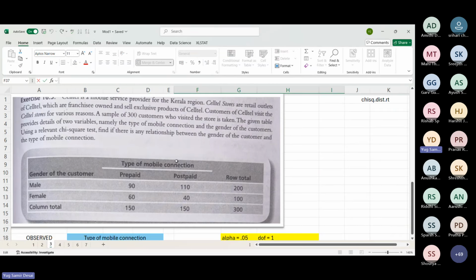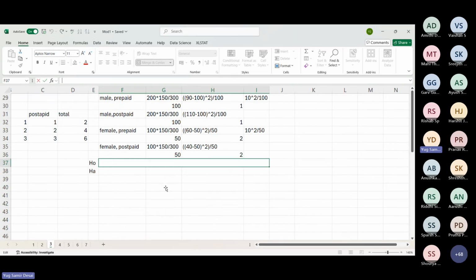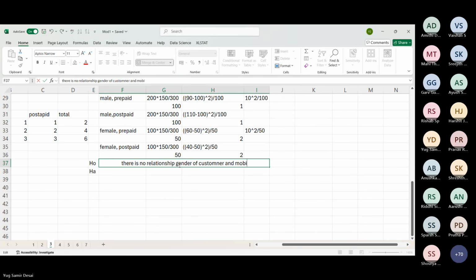So for this, we were testing if there is any relationship between the gender of the customer and the type of mobile connection. So in a chi-square test of independence, a null hypothesis always will be that there is no relationship. Suppose in this case, it's between gender of customer and mobile connection plan.